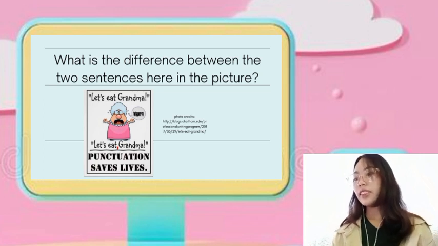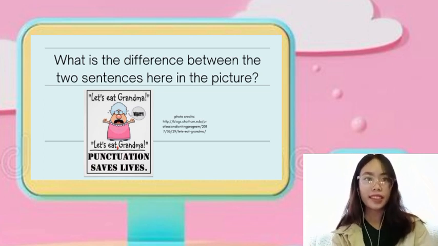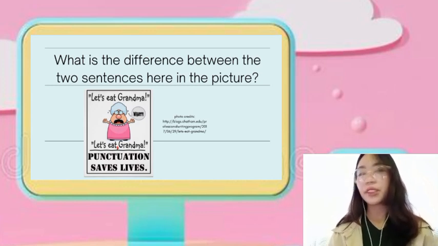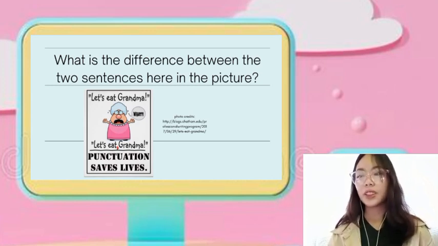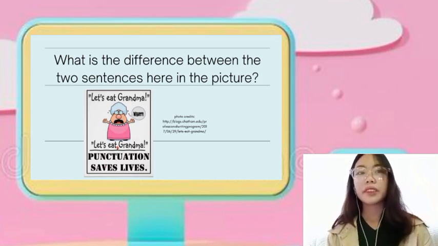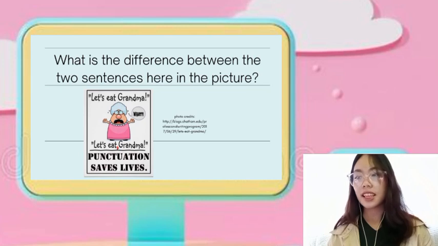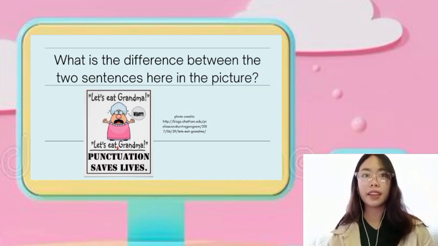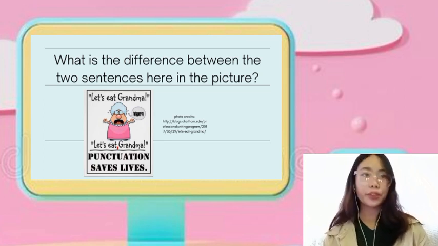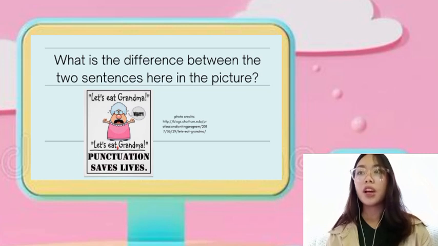Now, does the comma affect the meaning of those sentences? Yes! The first sentence means the speaker wanted to eat grandma. On the other hand, the second sentence means the speaker invited grandma to eat with him or with her. Okay, so that's how important punctuation marks are, that even a single comma could change the whole meaning of a sentence.